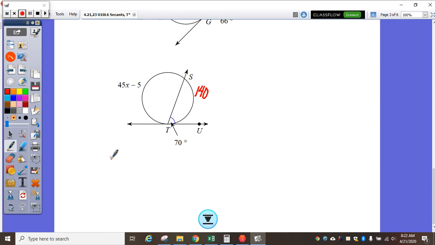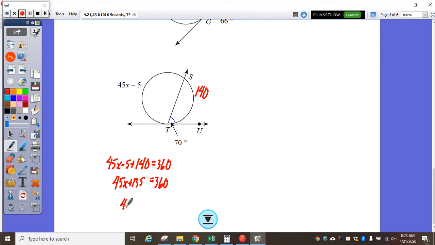360 degrees. So I have 45x minus 5 plus 140, and I'll set it equal to 360 degrees, and I'll go ahead and solve for x. So we have 45x plus 135, and that equals 360.